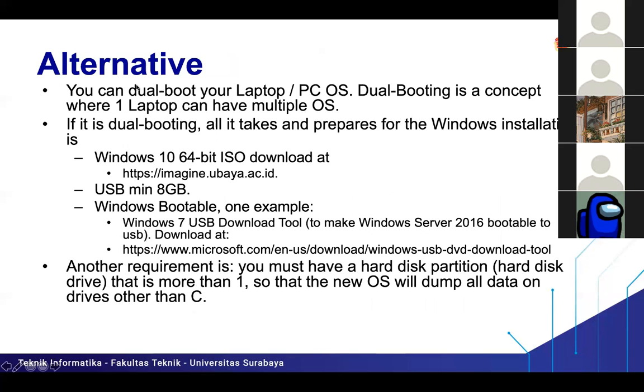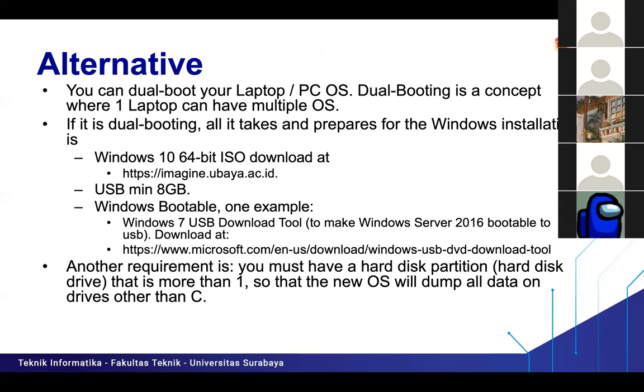and as an alternative, you can dual boot your laptop or PC OS. Dual booting is a concept where one laptop can have multiple OSes. So the second way to install two operating systems on your computer is dual boot. But this alternative is very risky, because when you install the operating system by dual booting, there is a probability that your computer will crash.